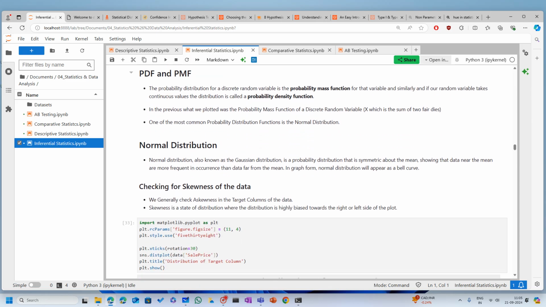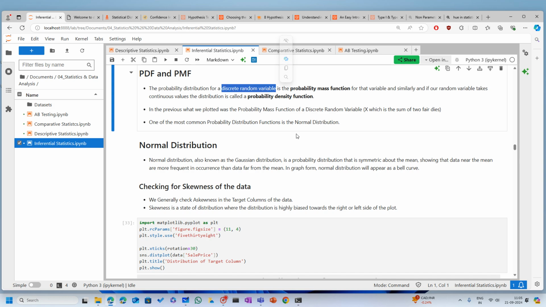Taking this concept further, we also discussed PDF and PMF, which means the area at any given point for a discrete random variable or discrete distribution is called probability mass function. For continuous values, which are your decimal values, it is called probability density function. At the end of the day, both are the same. It's just that the underlying type of values is discrete.